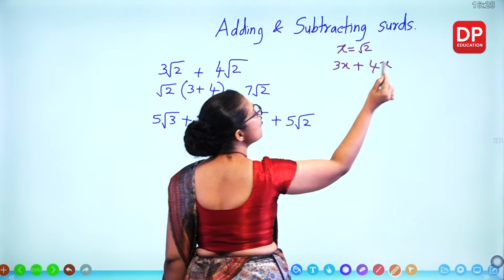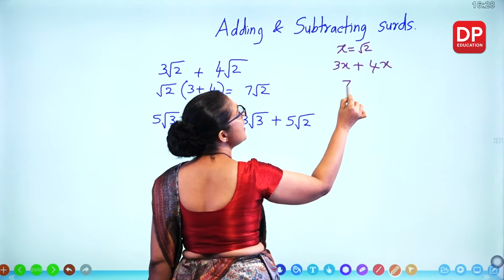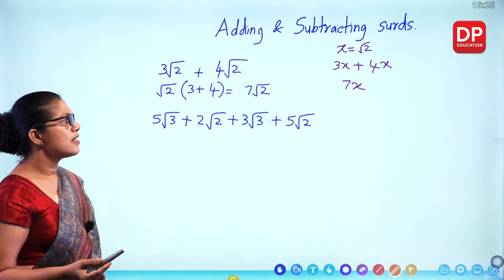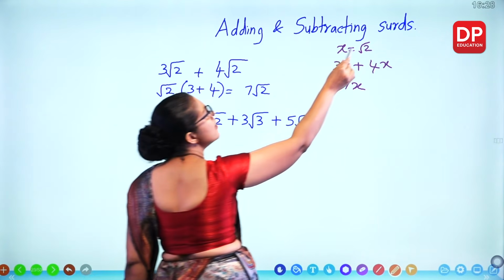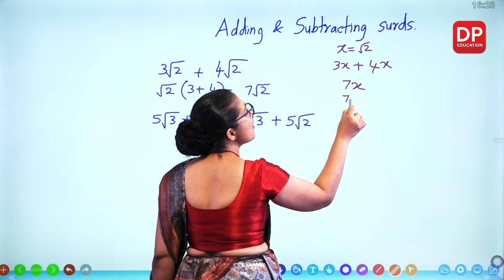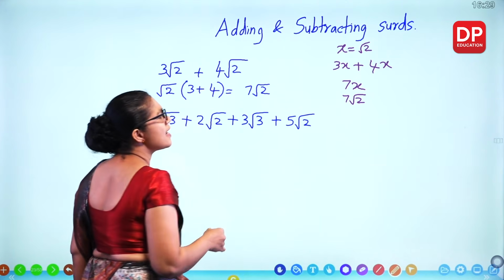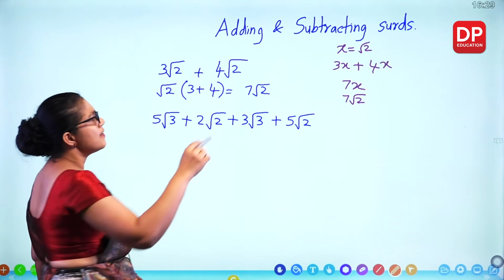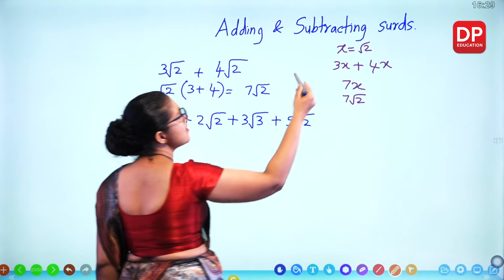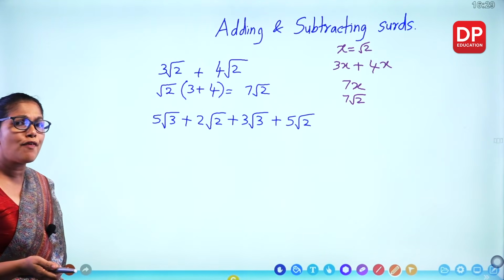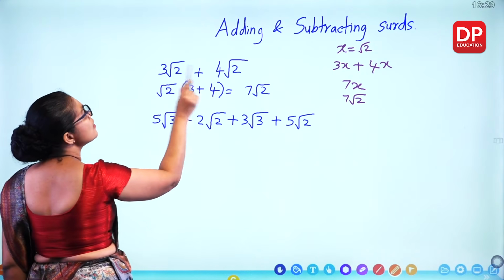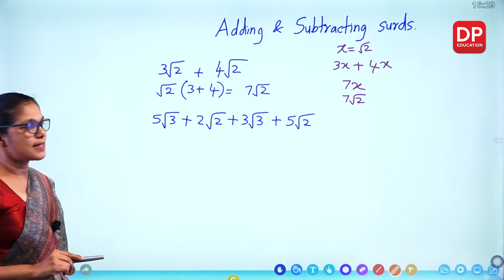What is 3x and 4x? I can write 7x. After you find out the addition, I can plug root 2 instead of x. So what's the answer? 7 root 2. So here this method is easier than this. So when you get the same surd form, you can add the integers in front of those surds.